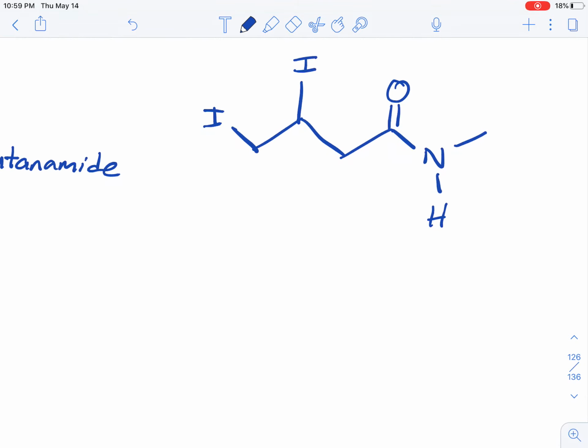Then the name of the parent is going to be 1, 2, 3, 4. So it's still butane. Erase the E because I have an amide. So this is butanamide. Now, since I have two iodines on carbon 1, 2, 3, and 4, it looks like I have two iodines on carbon 3 and 4.